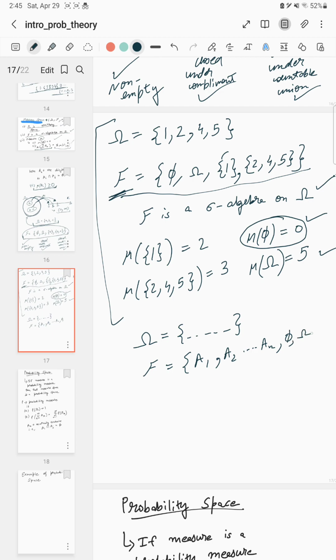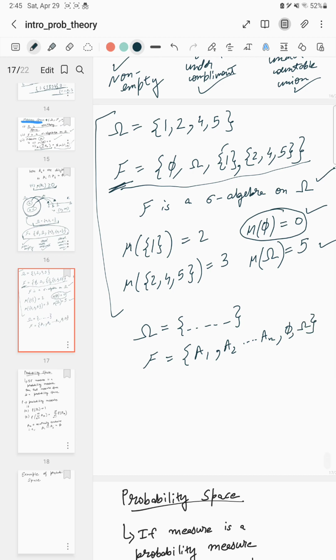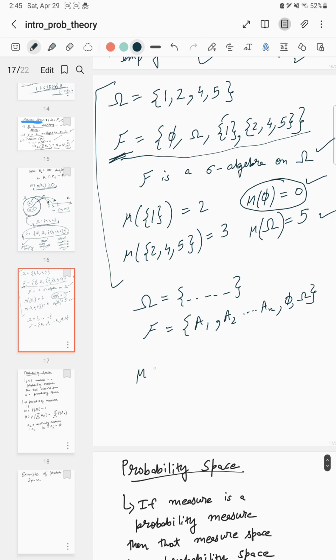So let's say a set A3 is present in F such that A3 is the union of disjoint sets A1 and A2.